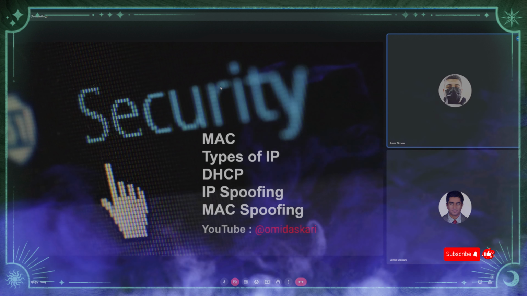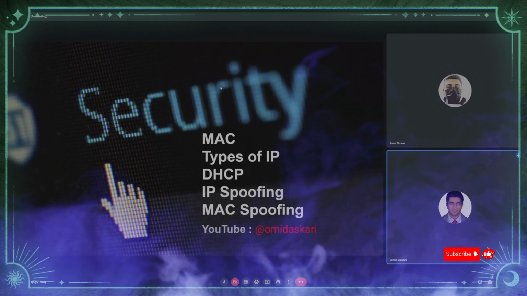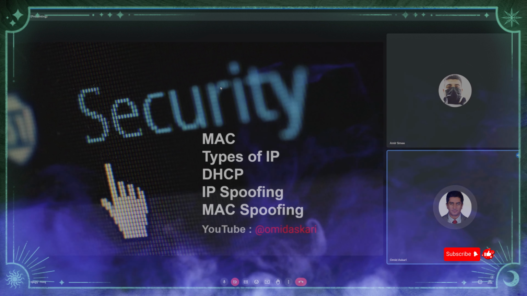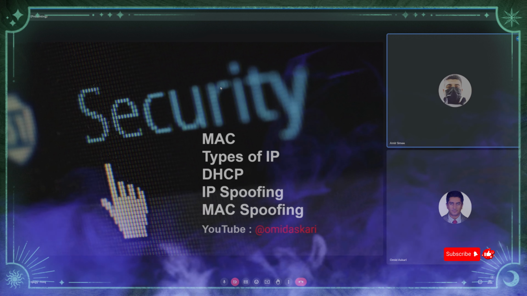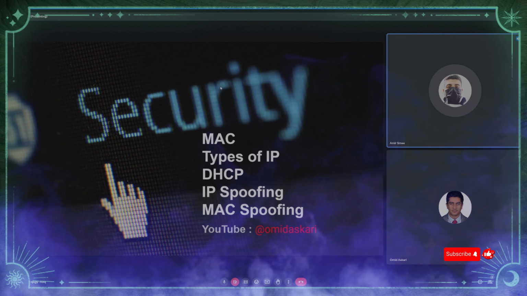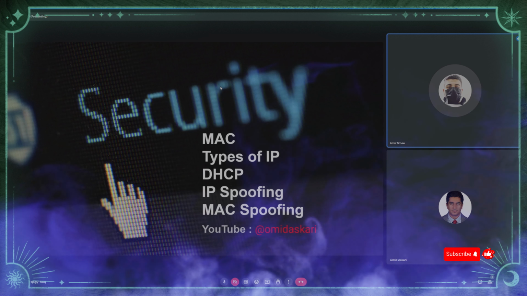How can you develop a comprehensive security strategy that includes protection against IP and MAC spoofing? I think I need to think about it.